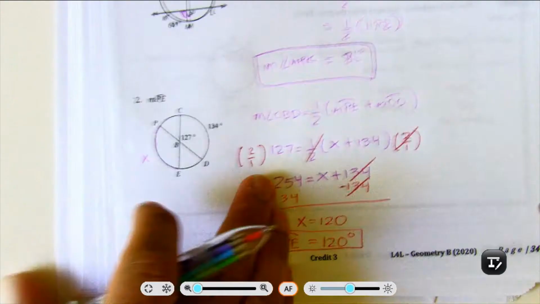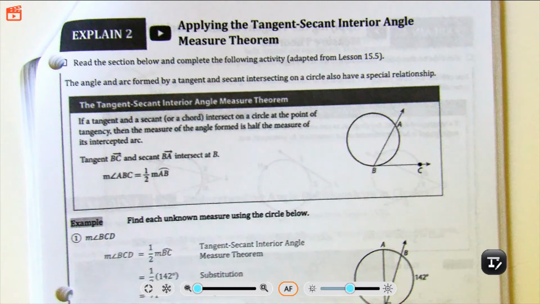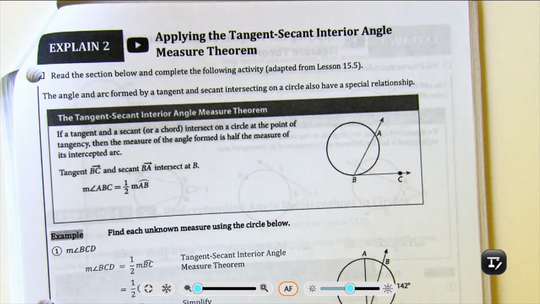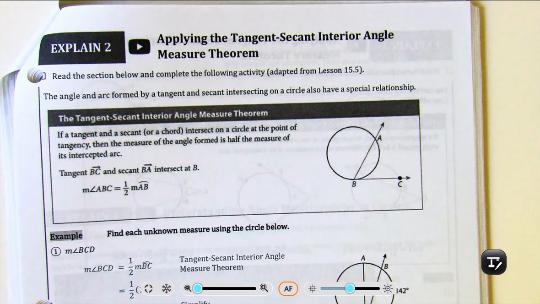So the second theorem is called the tangent secant interior angle measure theorem. So what we expect from the name of the theorem is a tangent segment and a secant segment. So if we look at this diagram here, this is the secant segment and this is the tangent segment.